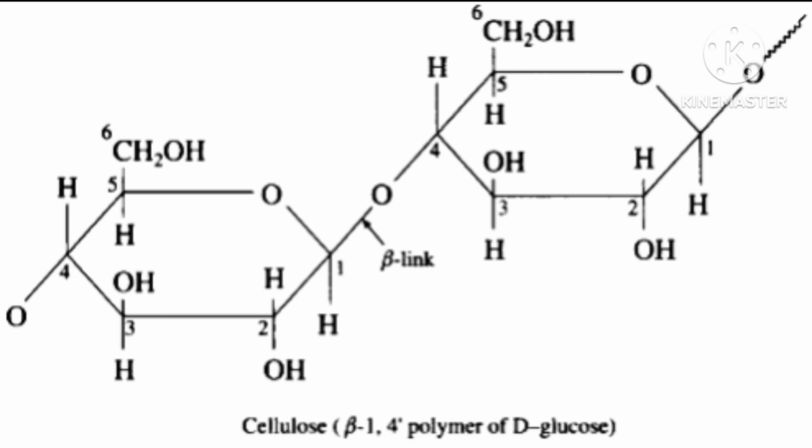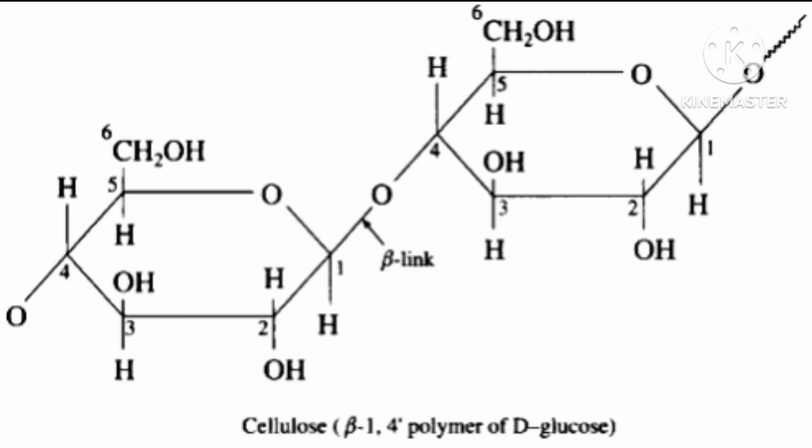Okay. Now same way you can understand by cellulose. Then where will you find the cellulose? Cellulose occurs exclusively in plants, and it is the most abundant organic substance in the plant kingdom. You will get cellulose just like in bamboo trees.